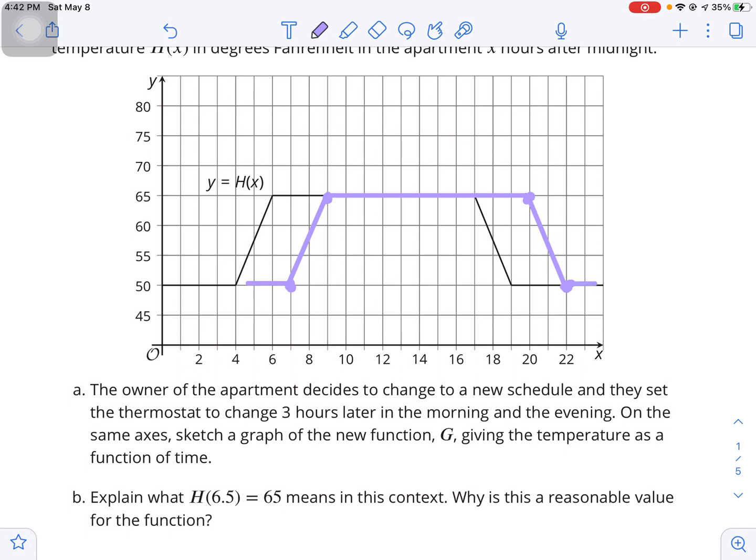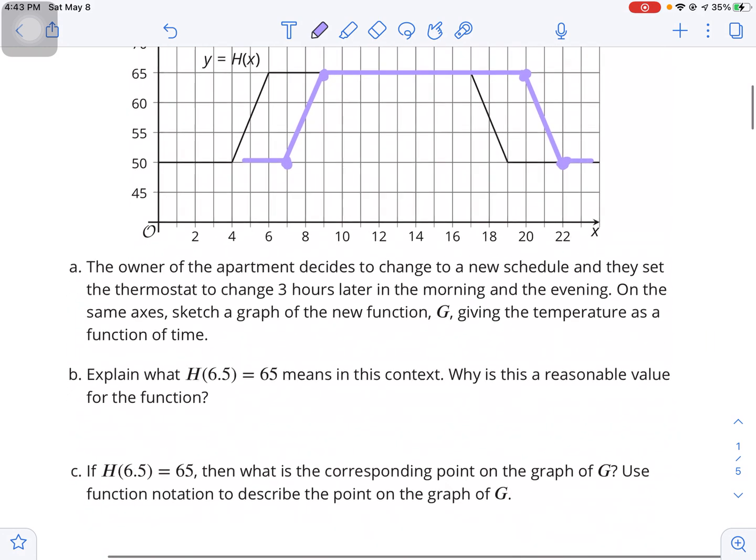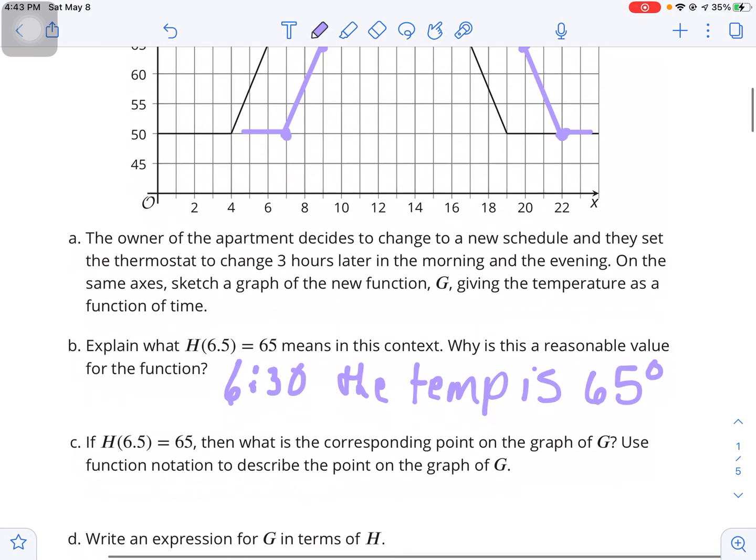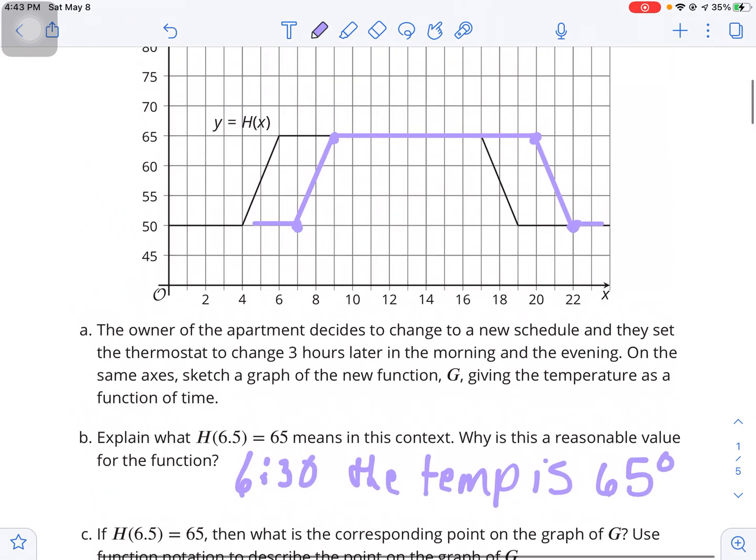So explain what h of 6.5 means. This means that at 6:30, 6.5 hours after midnight, the temp is 65 degrees. So if h of 6.5 is 65, then what's the corresponding point on the graph of g? And we want to use function notation to describe the point on the graph of g.